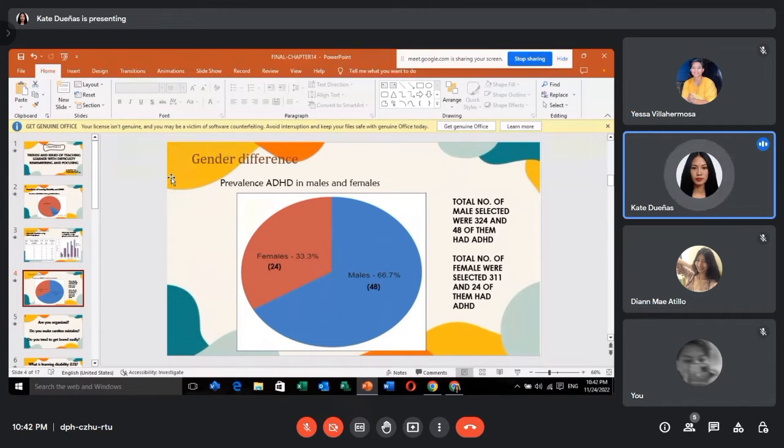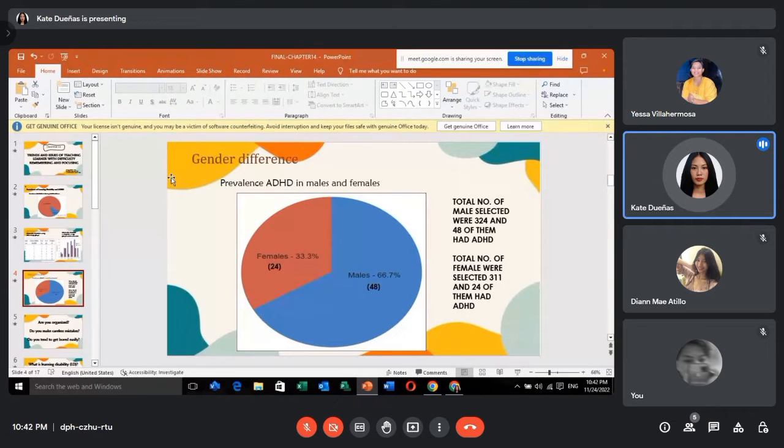The pie graph shows the prevalence of ADHD in males and females. ADHD was more prevalent in the males than in the females. The total number of males selected were 324 and 48 of them had ADHD. The prevalence of ADHD in the males was 14.81%.